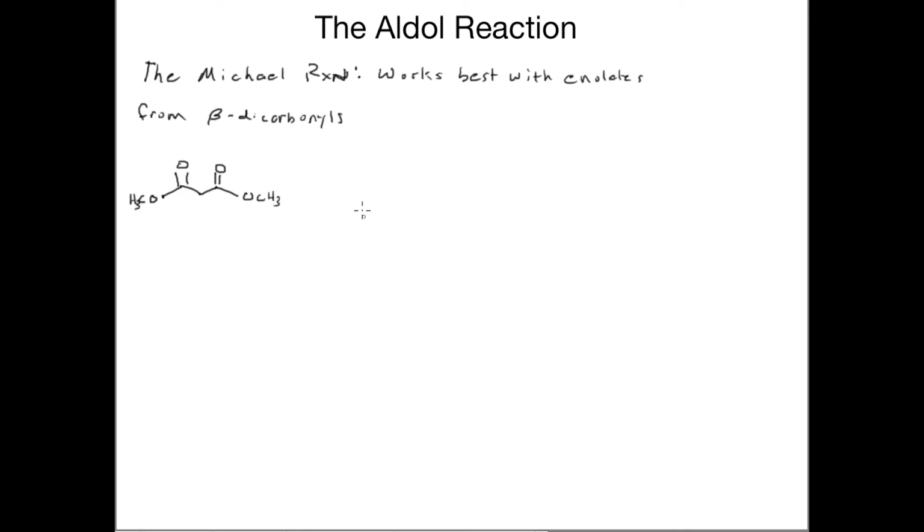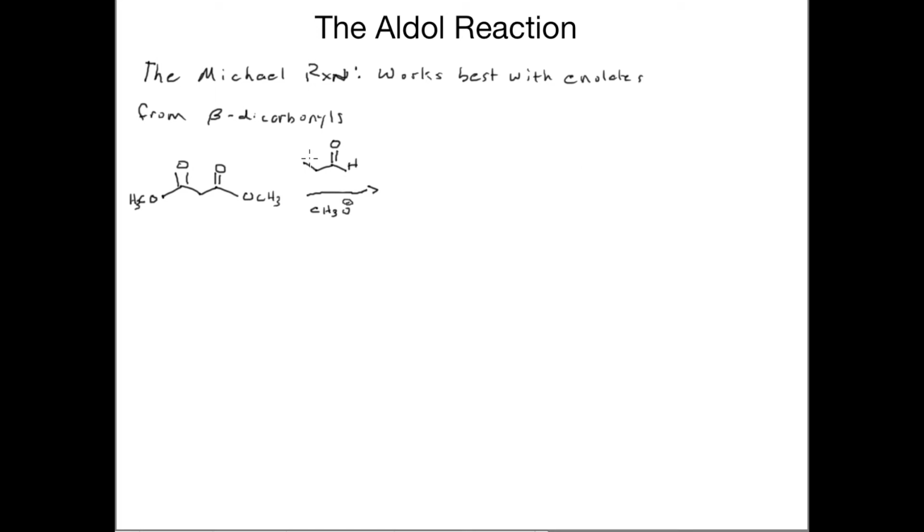So it turns out that if I take this guy, and you see that I have this double bond that's adjacent to my carbonyl here on my aldehyde that I just drew, well, I can deprotonate the one that's in the center, the alpha hydrogen in between the two carbonyls that has a much lower pKa.